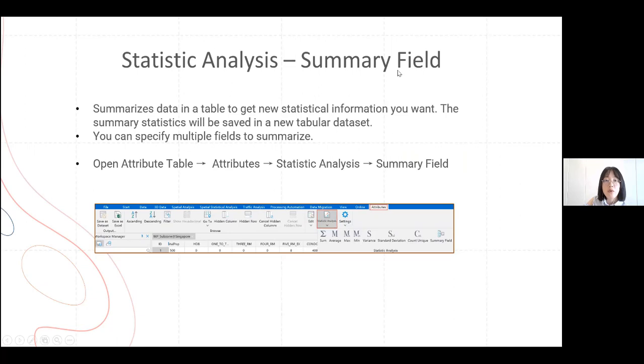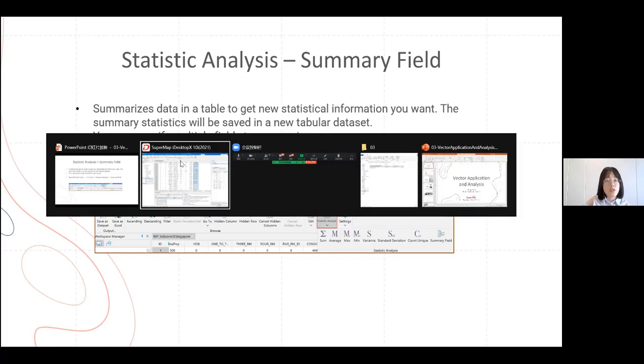When we use that, it can summarize statistics for our original data set by different categories. And then it will save the result to a new table data set. And we can specify multiple fields to be summarized. And so now let's go back to our software and see exactly how we can use this tool.